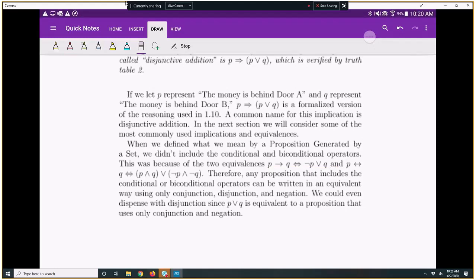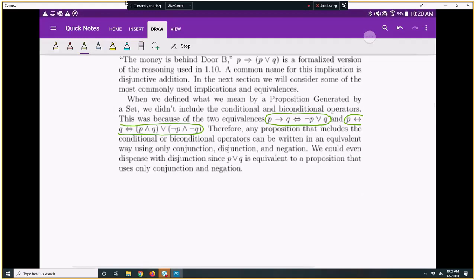I'm going to go ahead and circle it. And the biconditional, P if and only if Q, is equivalent to P and Q or not P and not Q. So I'm circling these because we're going to want to remember these. These are going to be tools that we can carry around in our toolbox and use as is convenient.